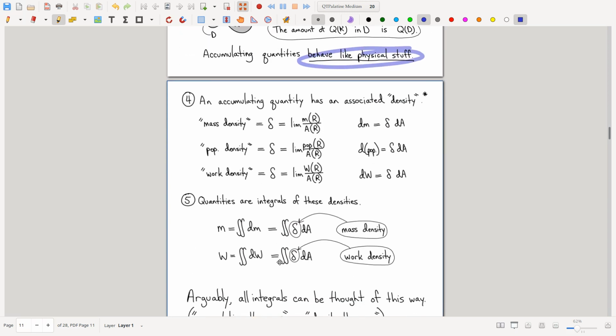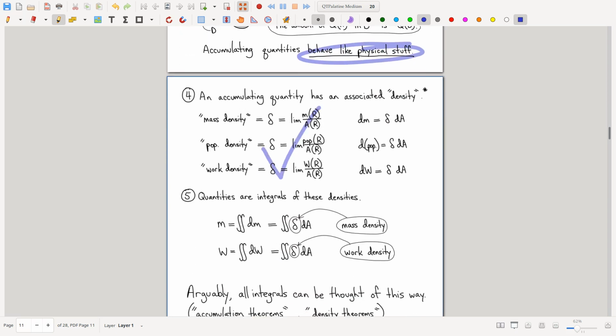And that as such, that substance will, of course, have this associated idea of a density, and we can write down associated integral accumulation theorems. Any accumulating quantity, we can do this.